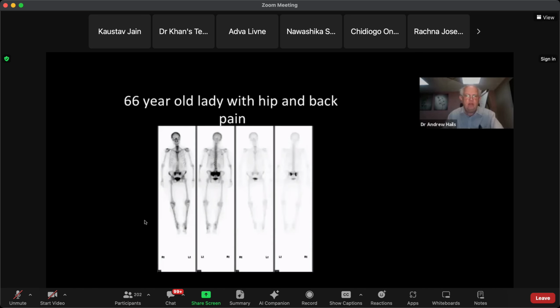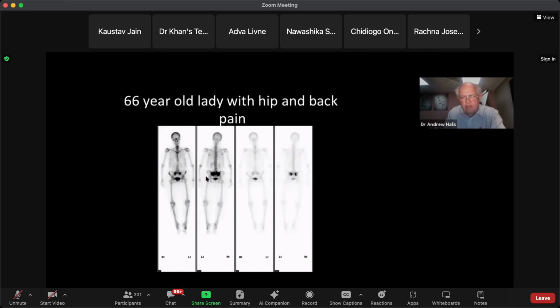Let's see if I move that out of the way. Now, I need to rush on a little bit, but this is a 66-year-old lady with hip and back pain. This is quite a common thing we find. And I'll just tell you what this is because of lack of time. Basically, we've got increased uptake in the sacrum.